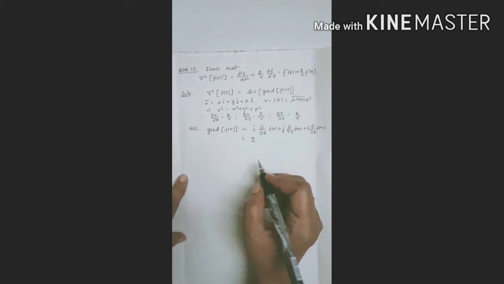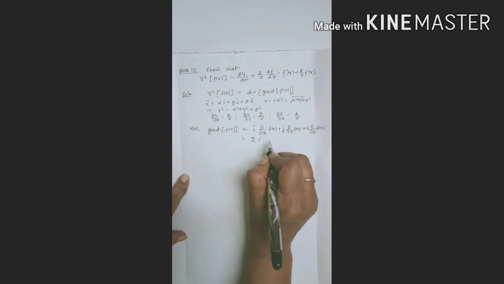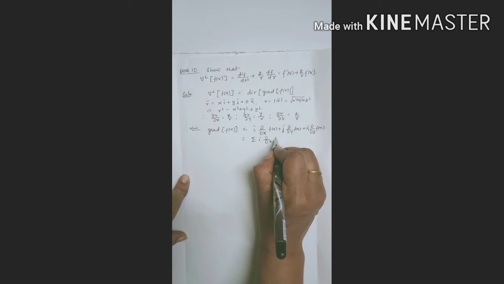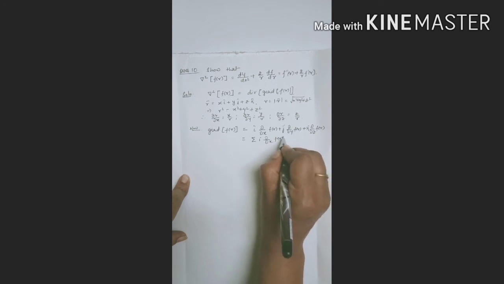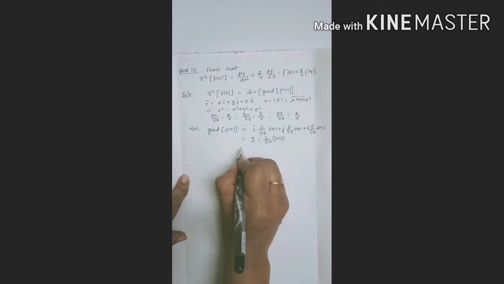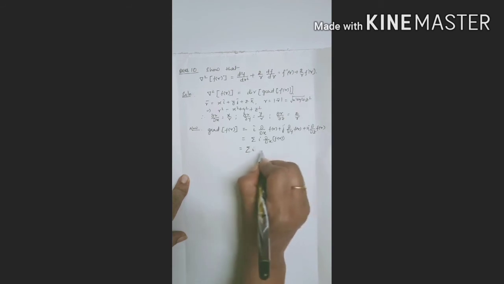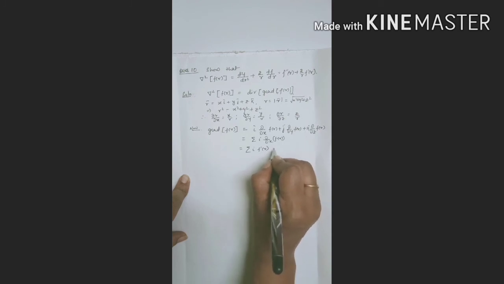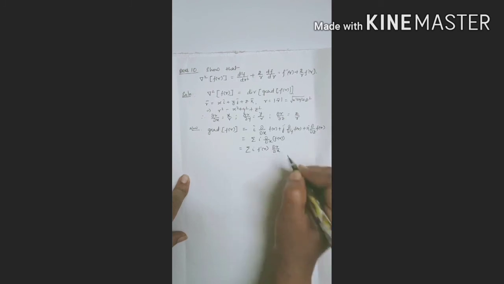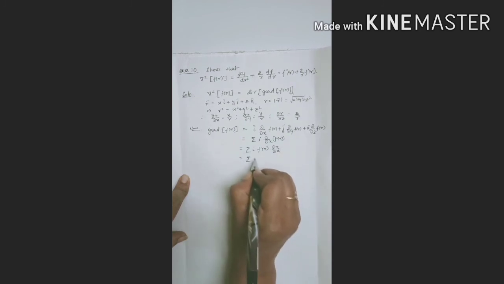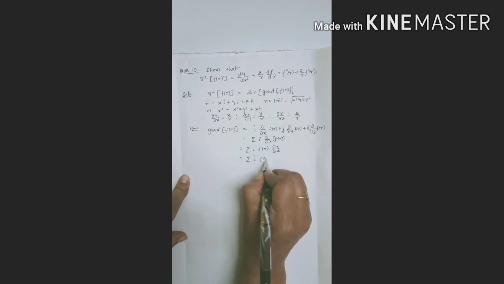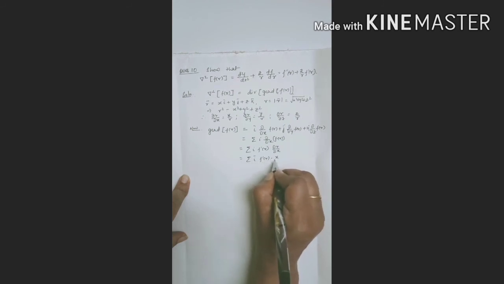So I am writing it as summation i del by del x of f of r, that is nothing but summation i del by del x of this will be f dash r del r by del x, which is nothing but summation i f dash r into x by r.